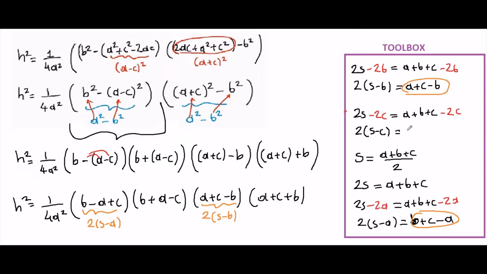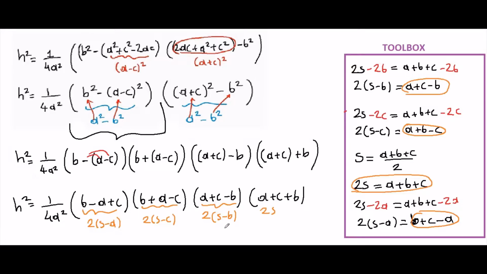On the right, a plus b, and negative 2c plus c is negative c. So a plus b minus c is equal to 2 times (s minus c). And we said that a plus b plus c is equal to 2s.